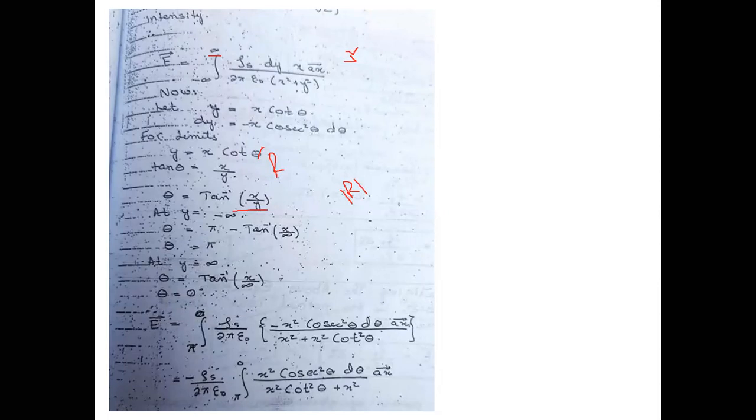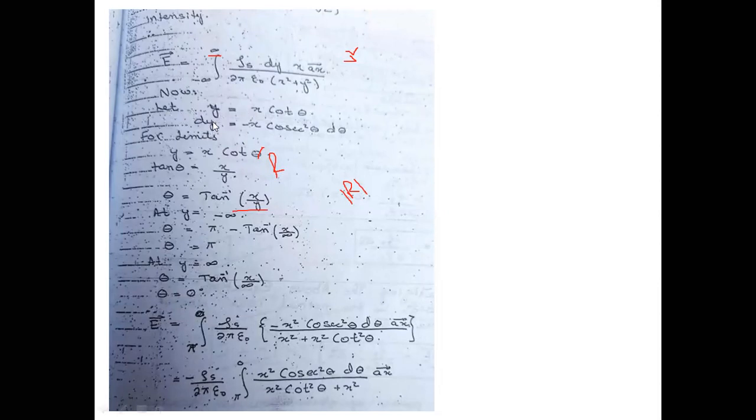Okay, so let y be equal to x cotangent theta, as we have done previously. In that case we had taken z equal to rho cotangent theta. So now y is equal to x cotangent theta.